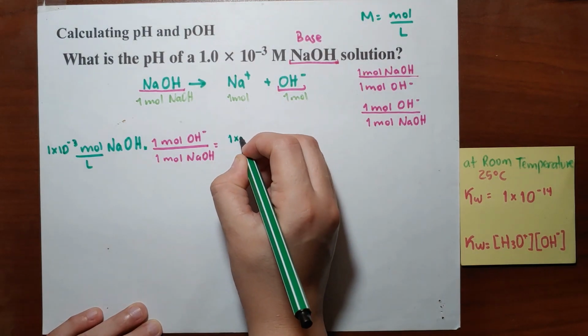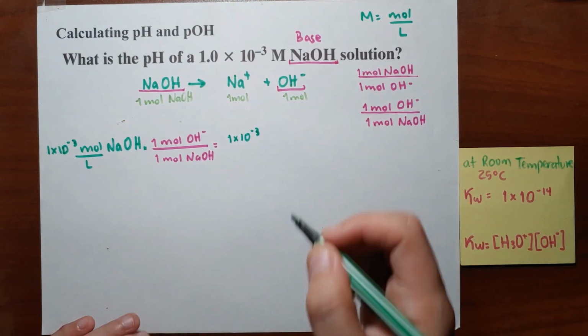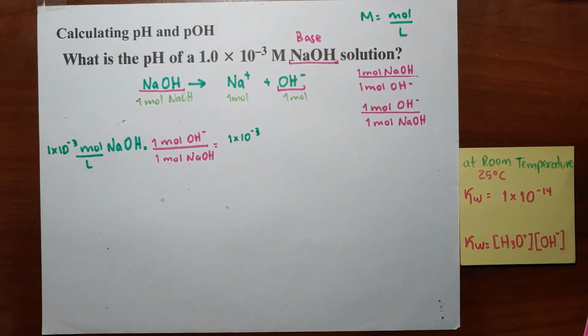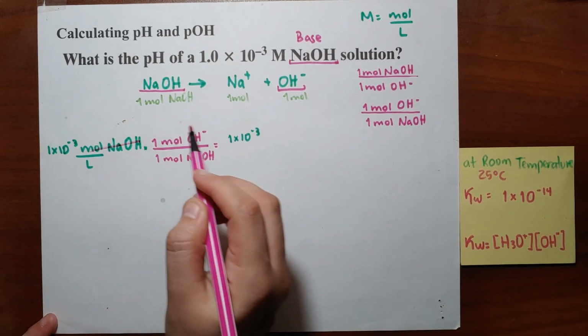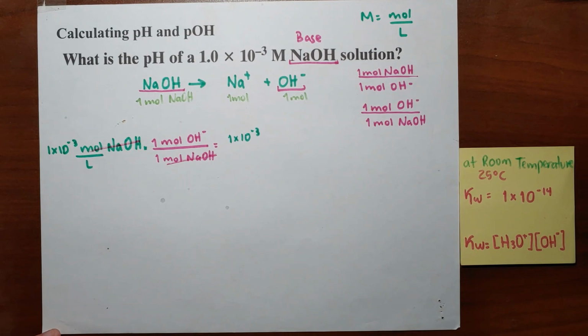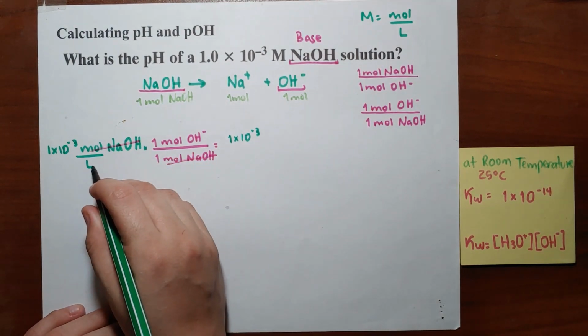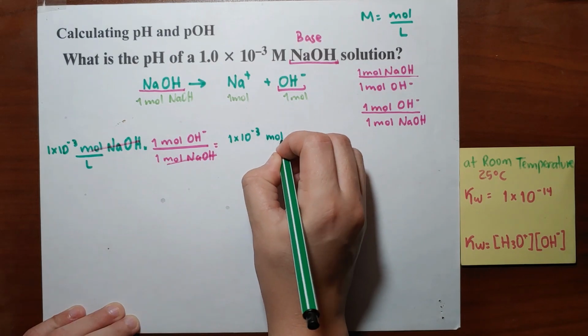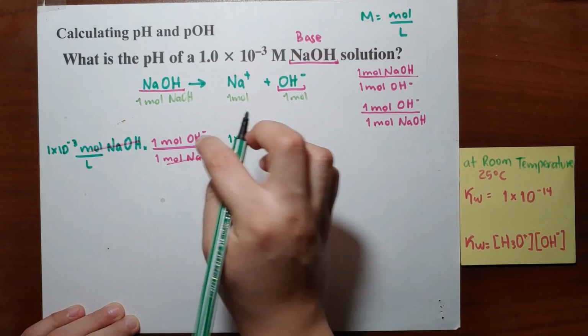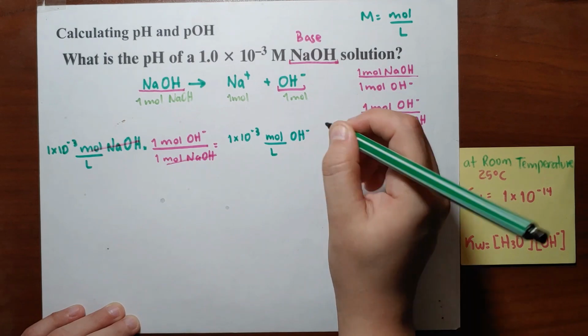So this will be 1 times 10 to the negative third power. But remember that here we cancel NaOH, and the unit remaining is mole in the top, in the bottom liters. Mole per liter of what? OH minus.